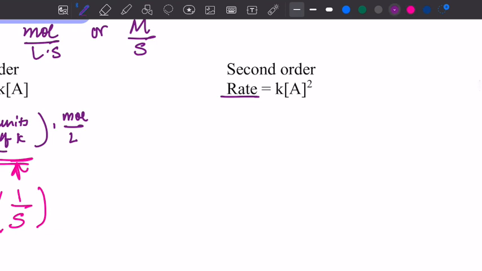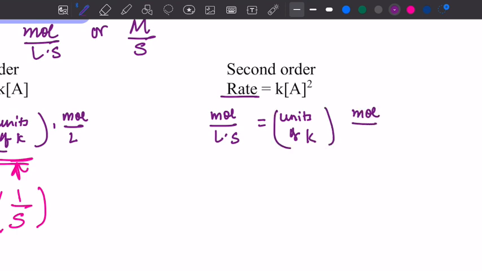Now, what happens when you have a second order reaction? Again, we will keep the units for rate, moles per liter per second. We are trying to figure out the units for K. We know that the units for concentration are moles per liter, and we square that.